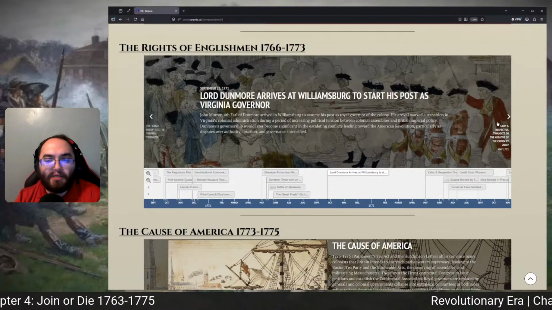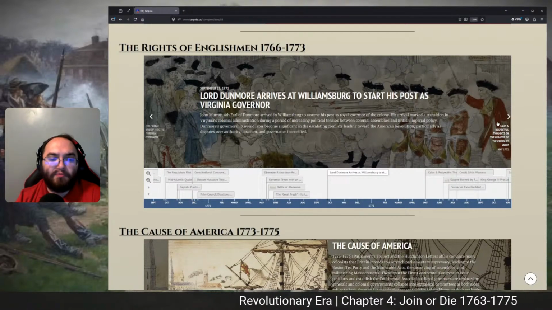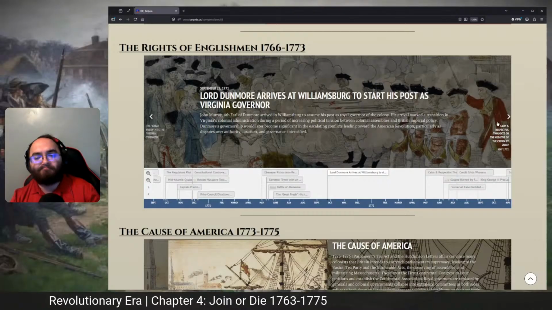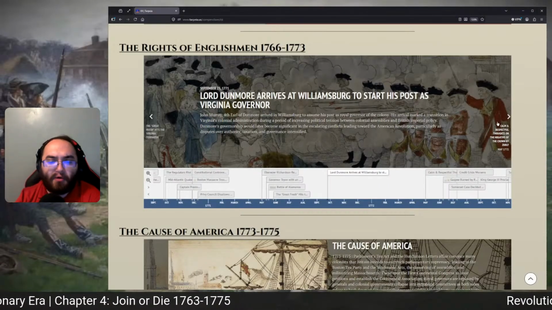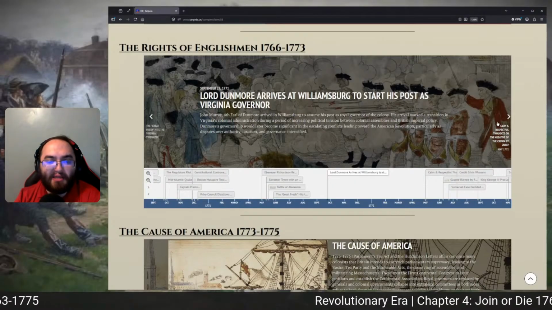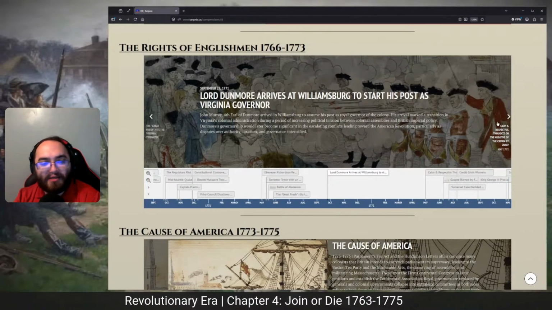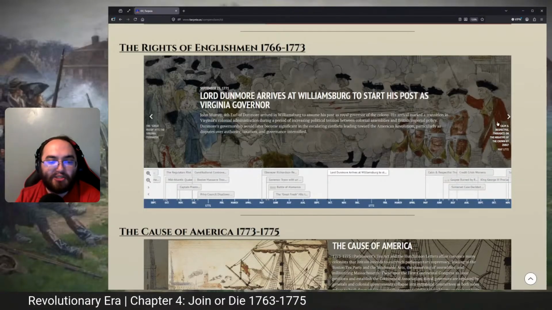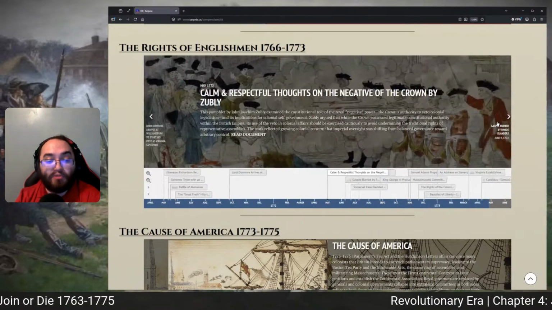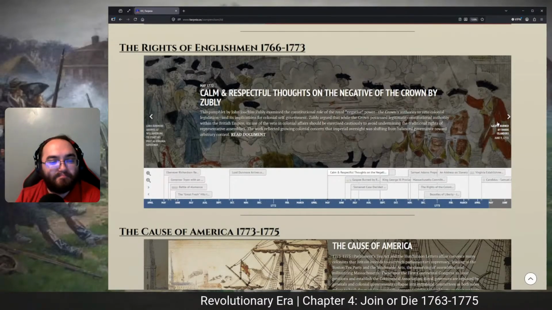His arrival marked a transition in Virginia's colonial administration during a period of increasing political tension between colonial assemblies and British imperial policy. Dunmore's governorship would later become significant in the escalating conflicts leading toward the American Revolution, particularly as disputes over authority, taxation, and governance intensified. So Lord Dunmore is going to be a very important person for the American Revolution.